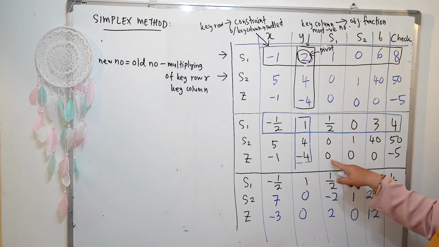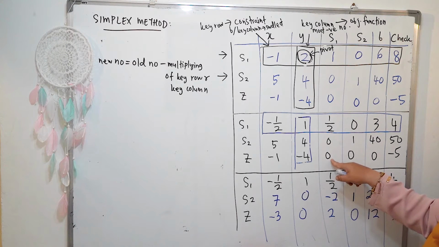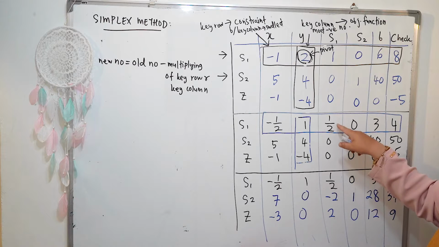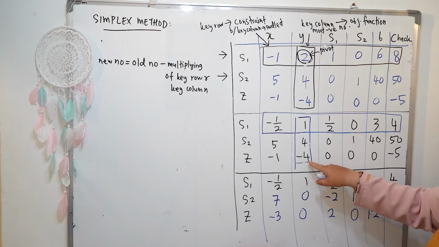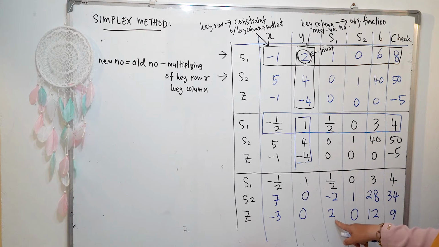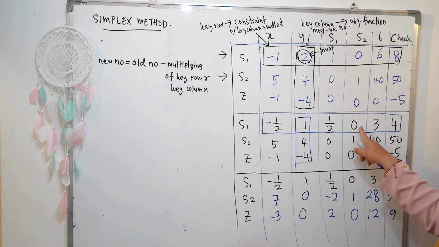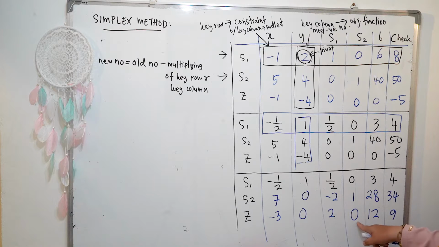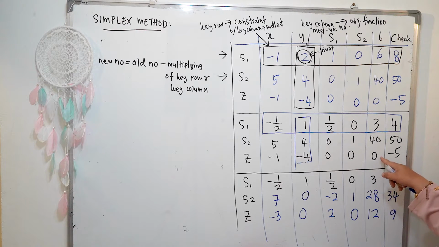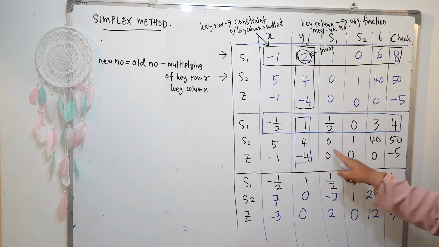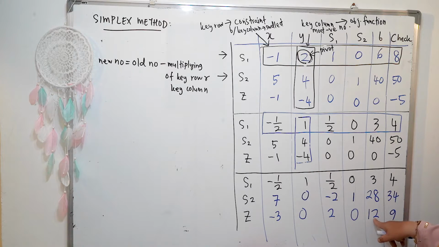Okay, correct. Over here, 0 minus 1 over 2 times 4. So I get positive 2 here. Over here, 0 minus 0 times negative 4 is 0. So over here, 0 minus 3 times negative 4. So I got 12 here.